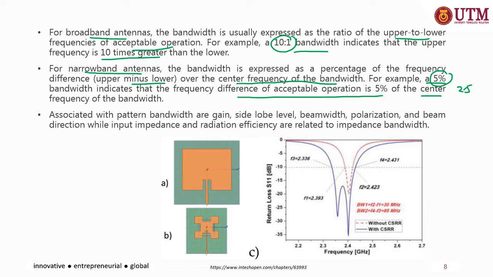Okay, the figure shows the comparison between the narrowband and wideband. The red lines indicate the narrowband. This is the return loss S11 graph. When you refer to the minus 10 dB line, this is the bandwidth for the red line, and the other one is the bandwidth for the blue lines, the blue graph.